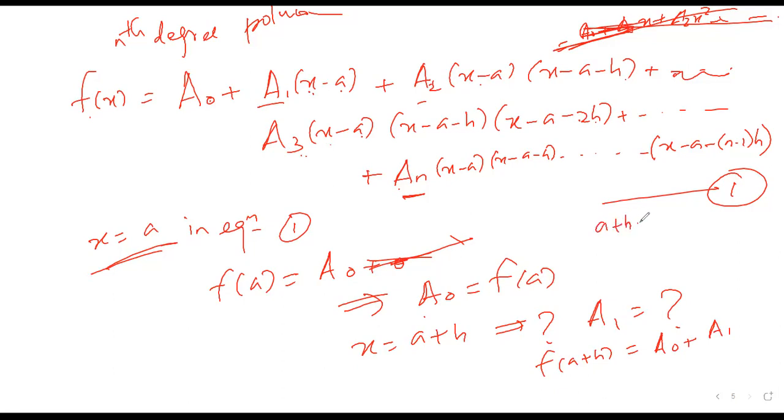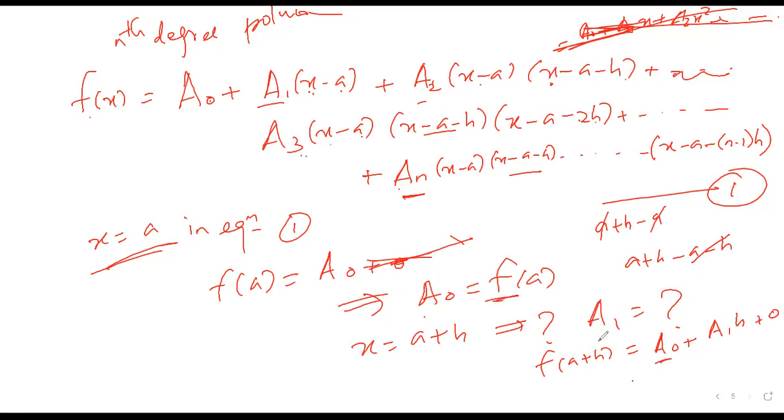A plus h minus a, so a cancels out, leaving h. What about this term, a plus h minus a minus h? Again 0. All the other terms have the same factor, so all other terms will be 0. We know a naught already.